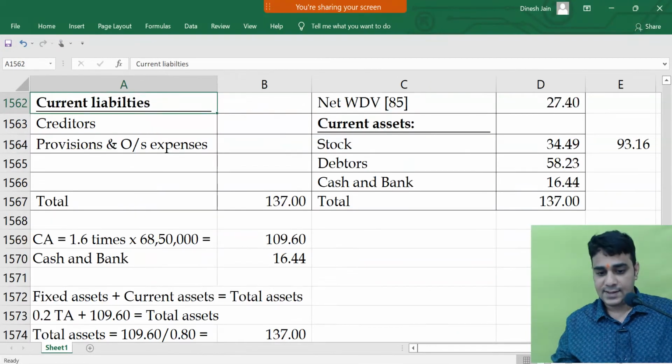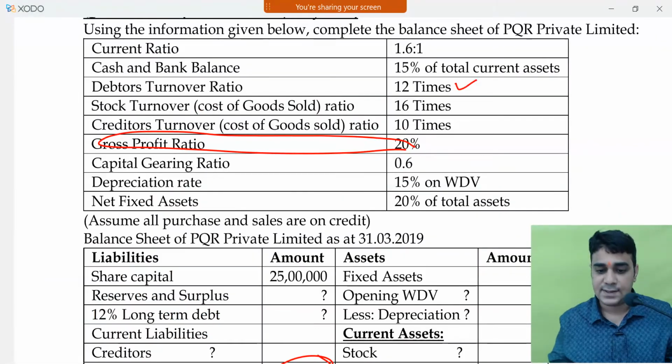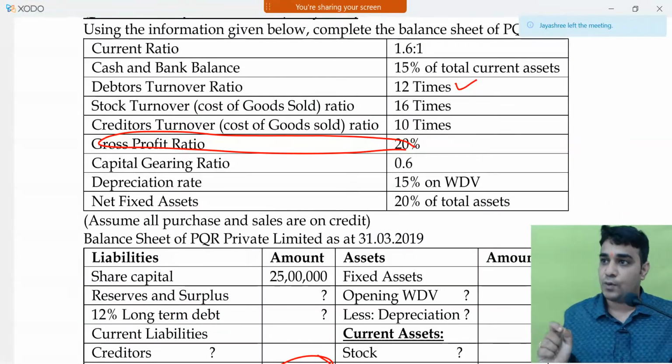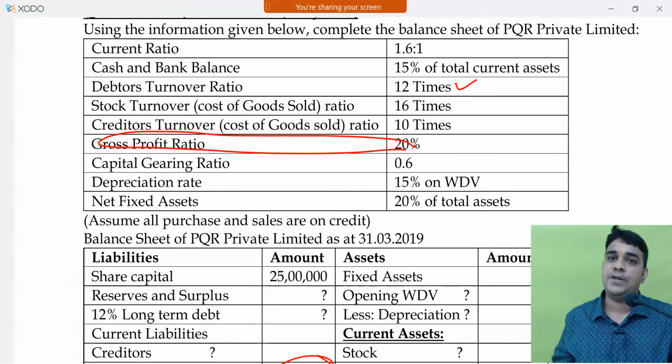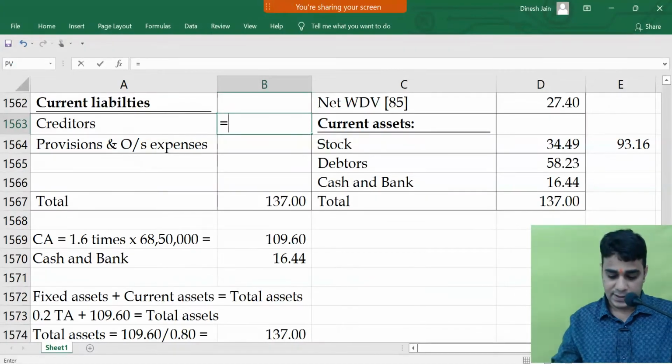Your creditors ratio, what have they mentioned? Creditors is 10 times, and that is based on cost of goods sold. Normally it's based on credit purchases, but they have mentioned creditors ratio on the basis of cost of goods sold.